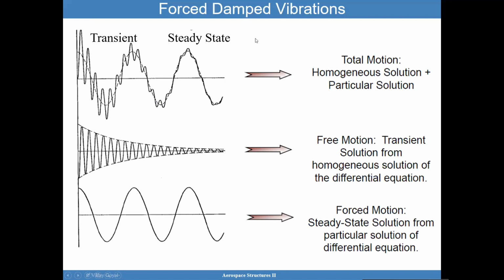There is great value in studying this behavior because this type of steady state behavior could cause fatigue, and it's also very important to study for a lot of problems in vibrations.